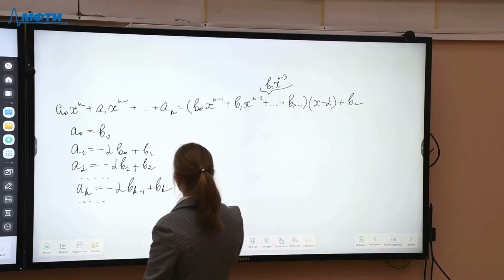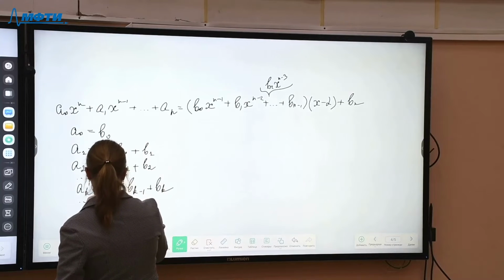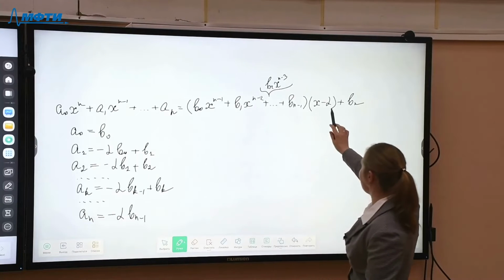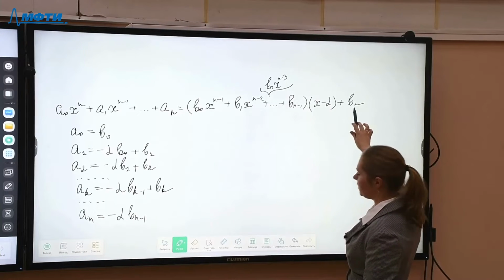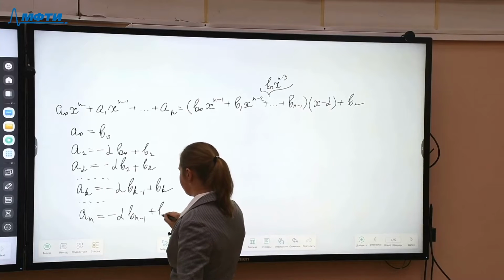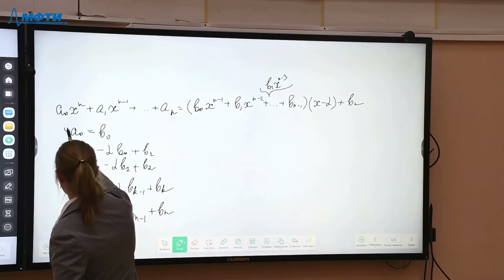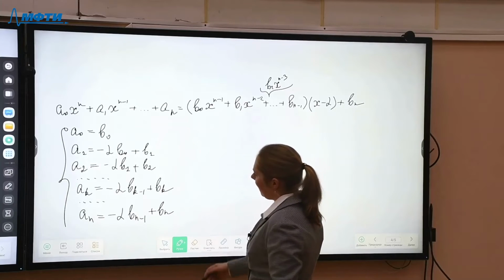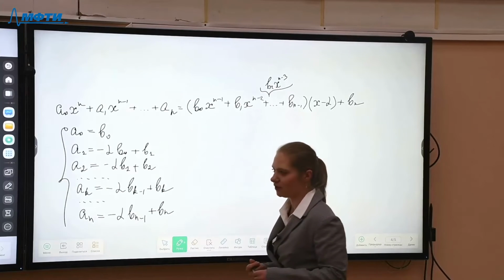And finally, we have that an is minus alpha bn minus 1. We need to multiply this term by this term, and then we need to add bn. Okay.